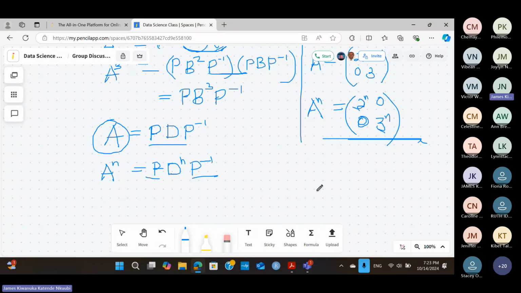Then P and P inverse do not move. They remain the same. So this can be useful in solving matrix recurrence relations. You can solve these predator prey systems. Quite a number of things you can do with this, the Markov chains and so on.